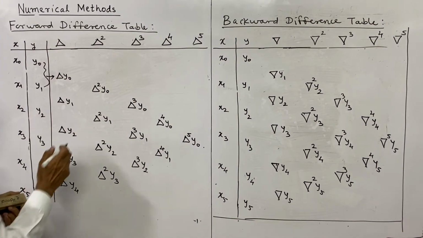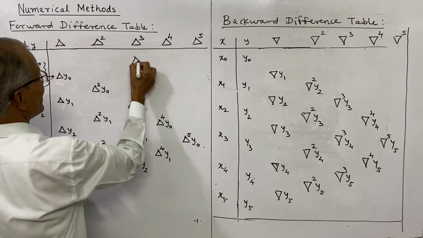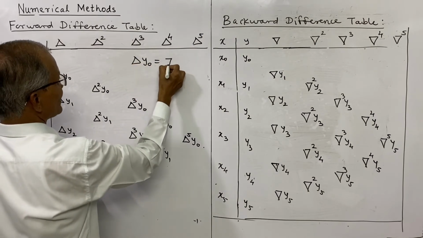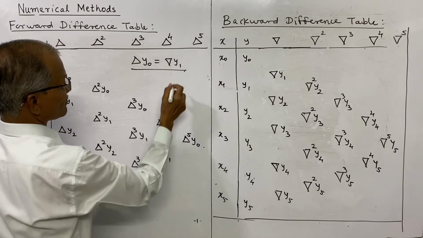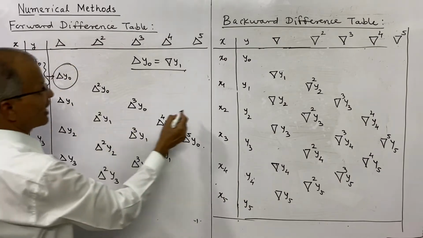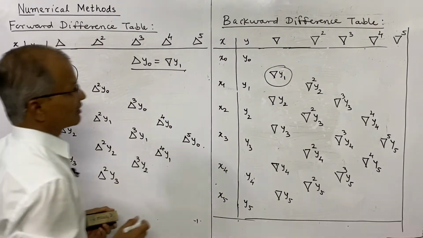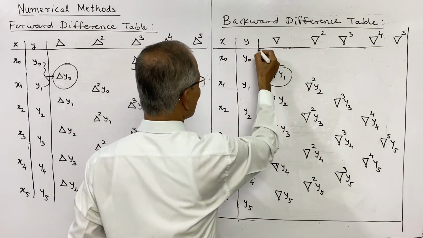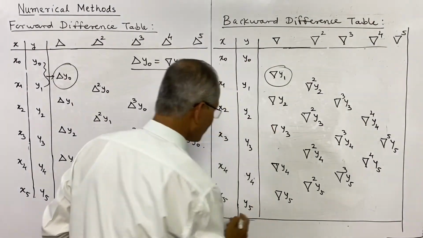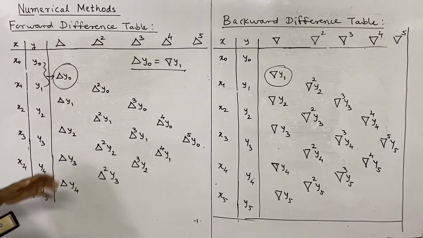So the relation is that delta y0 is the same as del y1. This value is the same as this value, and thus the table remains the same. Actually the values remain the same.